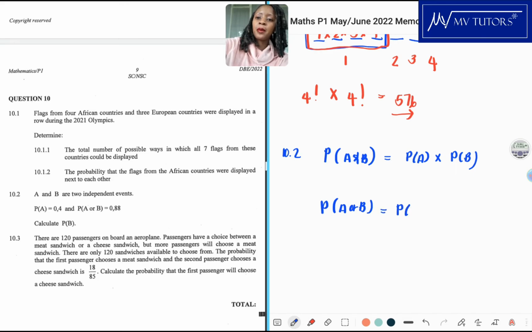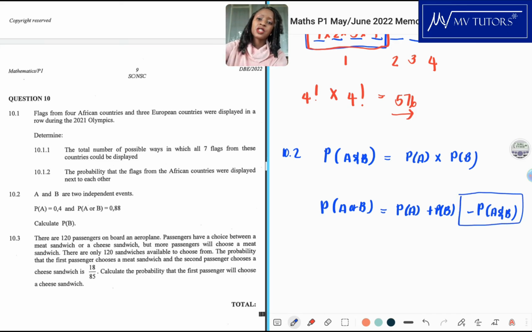If I think about the equation for A or B, it would be the probability of A plus the probability of B minus the probability of A and B, okay? That is for when we have events that are not mutually exclusive. If the events were mutually exclusive, this last section would be kicked out.